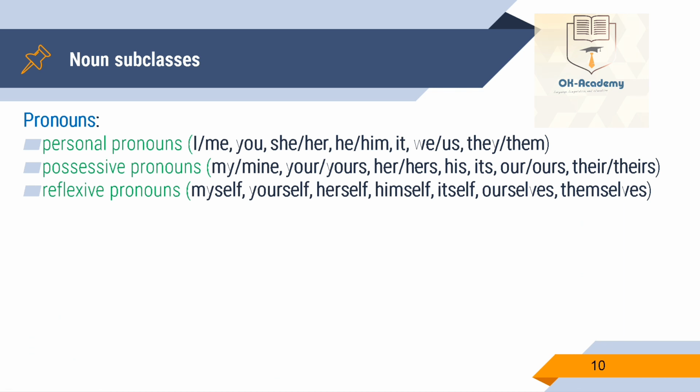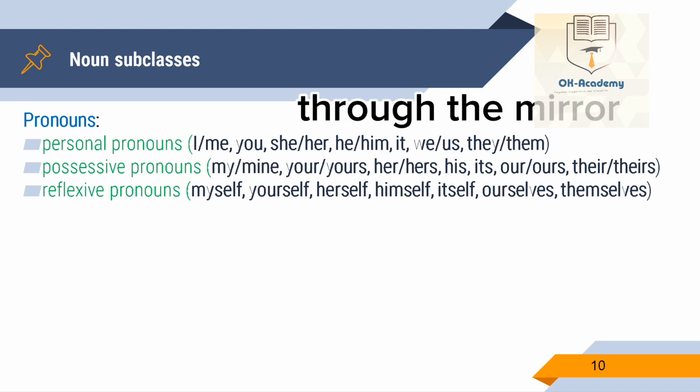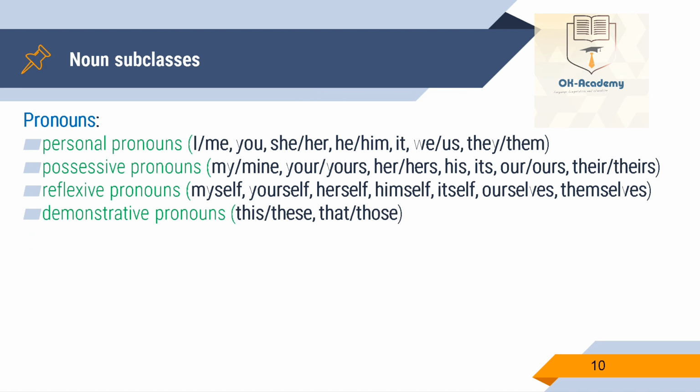Reflexive pronouns are used when you want to emphasize an action, for example, I did it myself, or when the subject and the object are the same person, like I looked at myself through the window. So I am the subject and the object at the same time, so I have to use the reflexive pronoun.